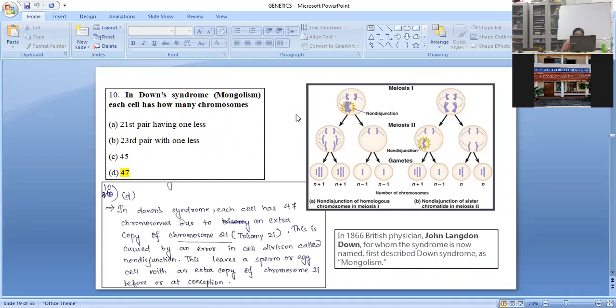So for some reasons, this particular term was not used. And after 1866, these particular features were represented as Down syndrome. So we can also say the other name for Down syndrome is Mongolism or Mongolian idiocy or Mongoloid expressions.